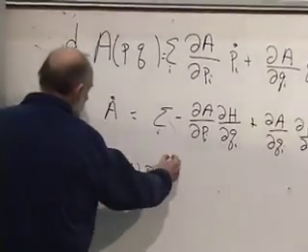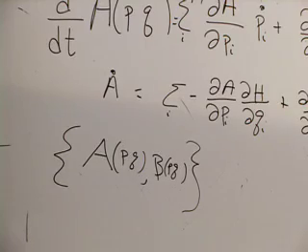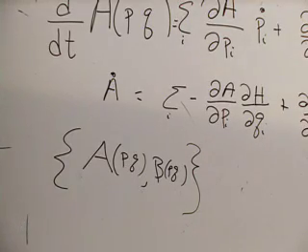Then you define something called the Poisson bracket. That's the symbol for the Poisson bracket. You take A and B, put them inside a bracket, and put a comma between them.